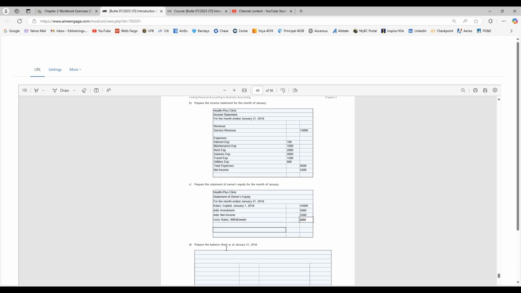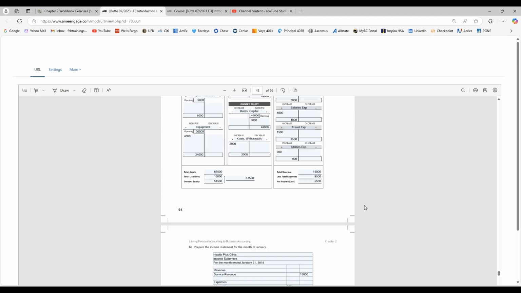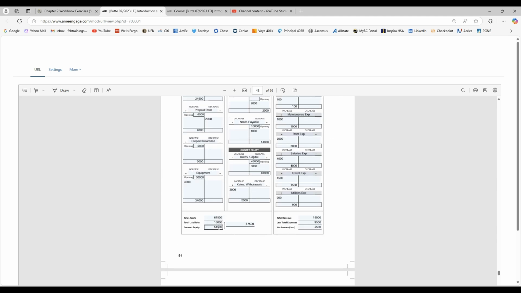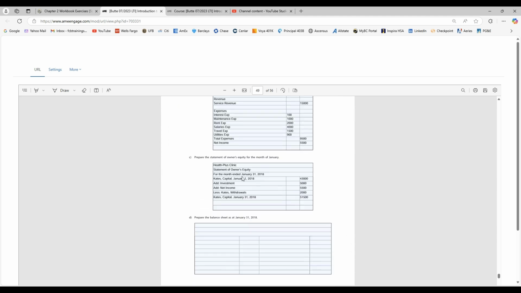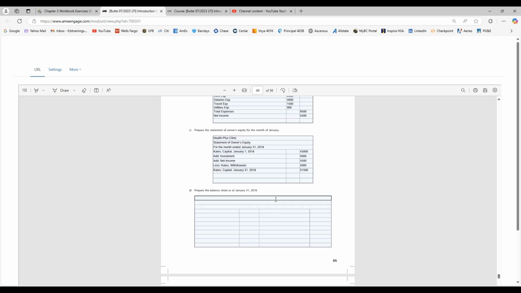So plus this, minus this. And then our ending balance at the end of 2018 comes out to the 51,500. And that's basically what we showed here. 51,500 is just breaking out the components of how we got to that place.